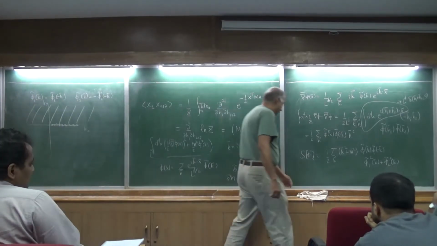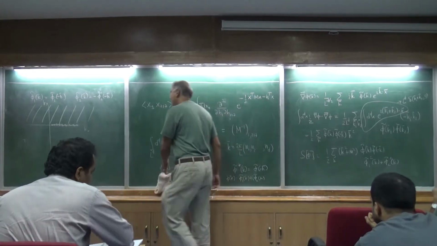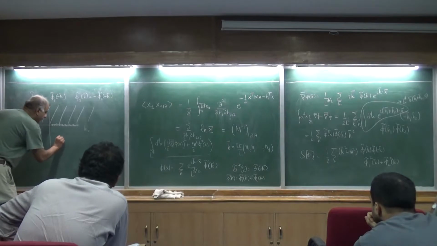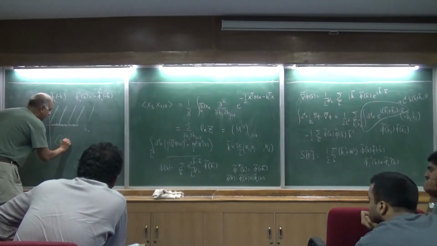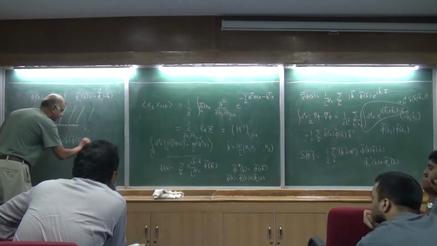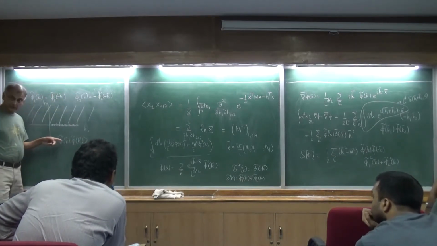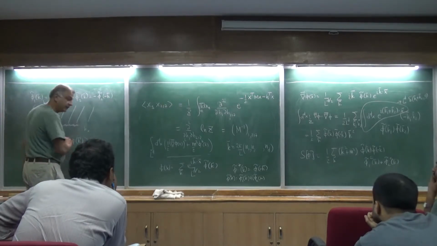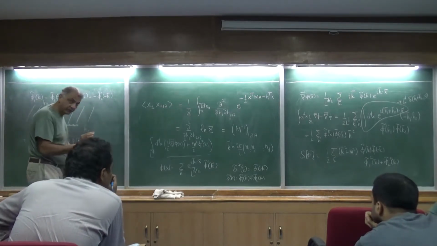Okay, so let me write it down now. Phi tilde of k, phi tilde of k prime is the complex guys, okay? So what will this be? I claim that this has to be again just the inverse of that matrix.